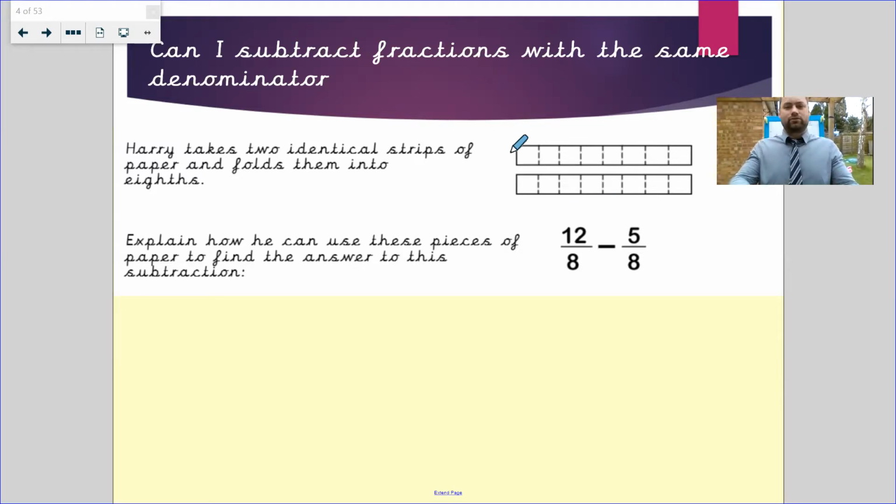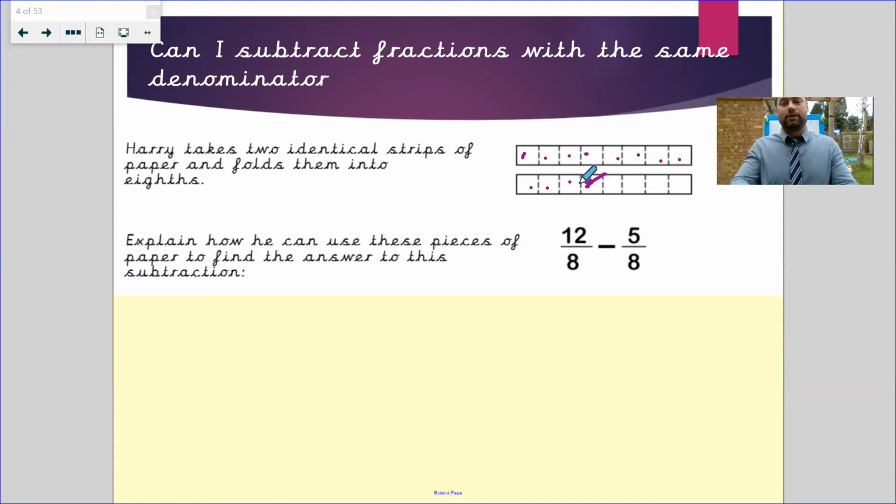So we've got 2 identical strips of paper. We've got 12 eighths first. So let's colour in 12. 1, 2, 3, 4, 5, 6, 7, 8, 9, 10, 11, 12. So there's our 12 eighths. Now you can use these pieces of paper to subtract by simply cutting out 5 eighths, or you could just cross them off.